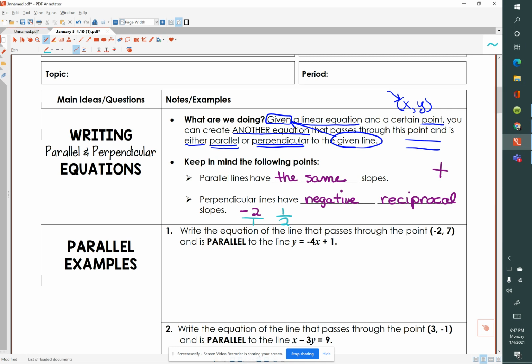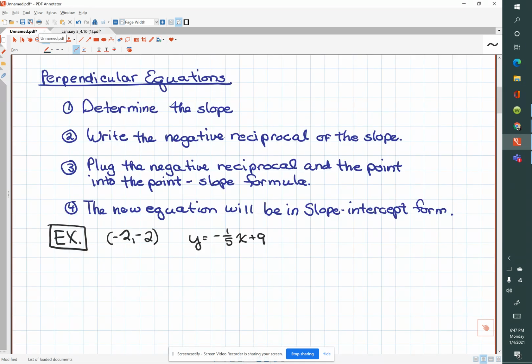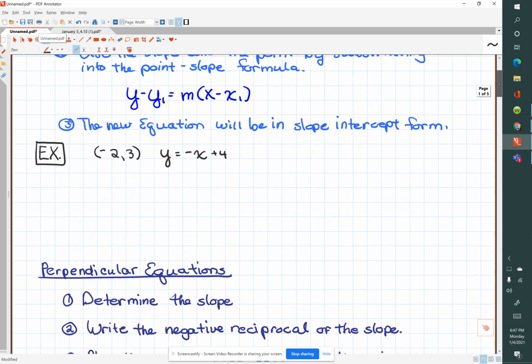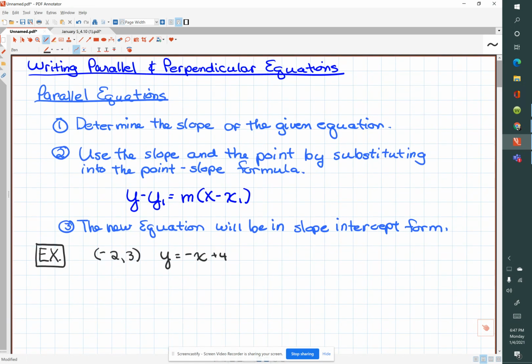So let's talk about what we're going to do, and let's use the whiteboard. So what are we doing? We're writing parallel and perpendicular equations. We are given an equation of a line, and we are given a point. Now, let's start with just the parallel equations first. We'll start here.